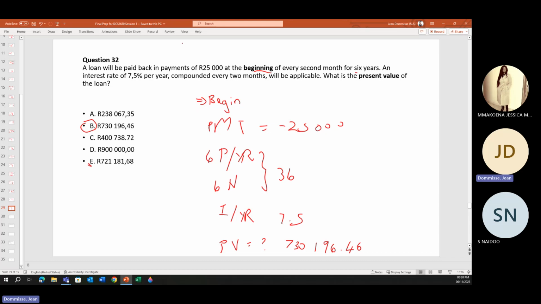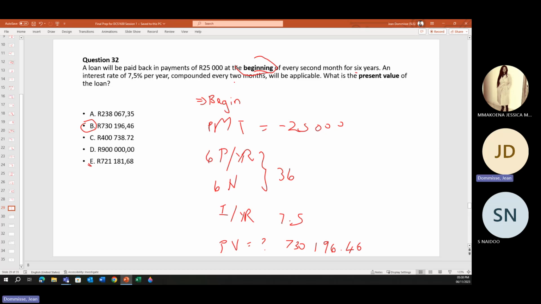Again, they must tell you when to use the begin function, else we assume everything is at the end of a month or end of a period. So they need to tell you when to switch to begin.